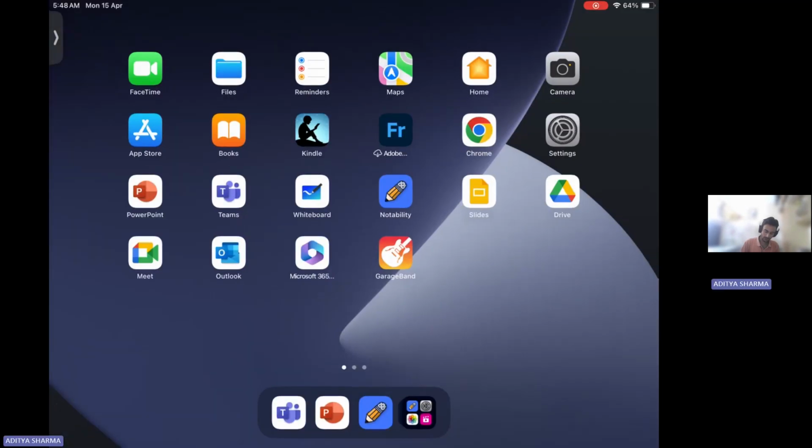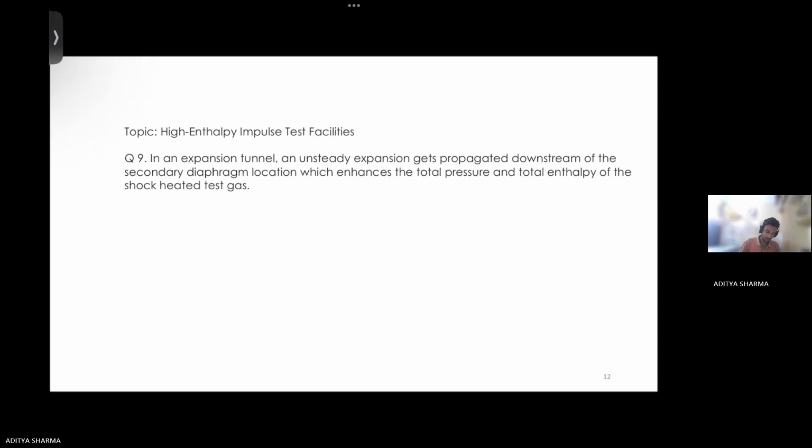So when the question says that in an expansion tunnel an unsteady expansion gets propagated downstream, this word is problematic. It doesn't propagate downstream, but it gets propagated upstream.